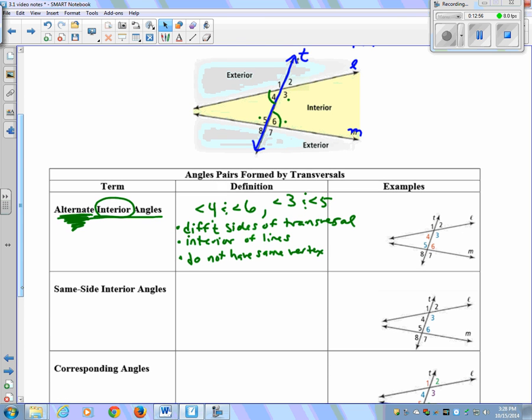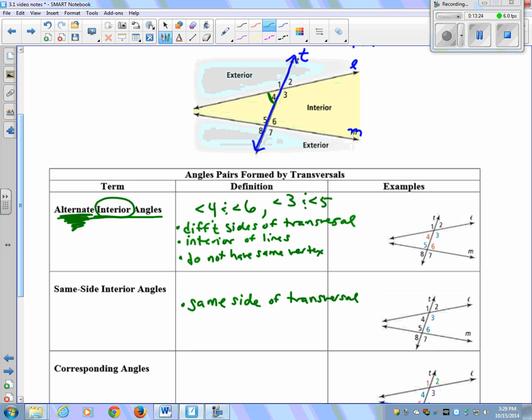Same side interior angles. Okay, we're still on the interior, so we're still talking about angles 4, 3, 5, and 6. Let's take angle 4 again. Well, now what angle would be on the same side of the transversal? Same side interior angles: 2 angles that are on the same side of the transversal.